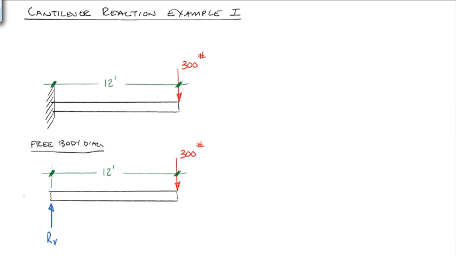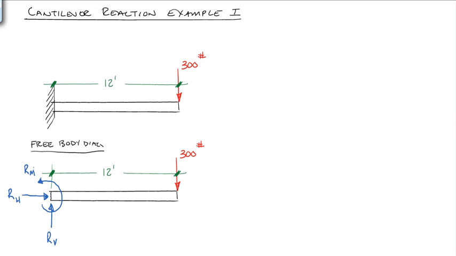We're not able to move horizontally, so we get a horizontal reaction, call it RH. And we're not allowed to rotate at this end, so we get a moment reaction, call it RM. Okay, so that's a moment. This one will have units of pound-feet.